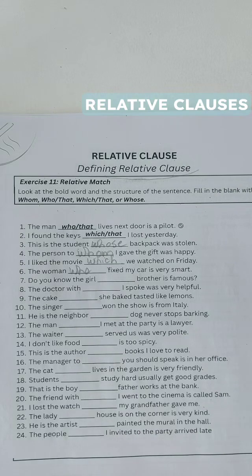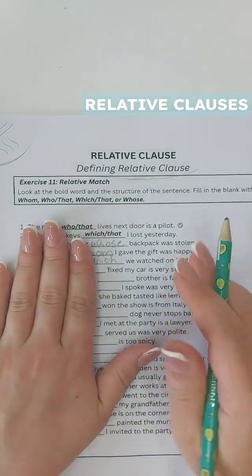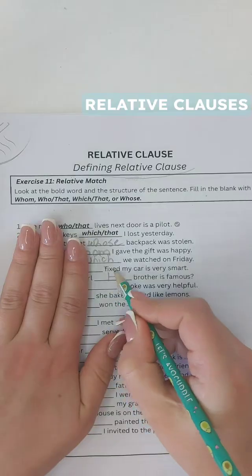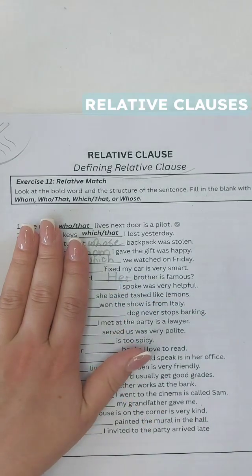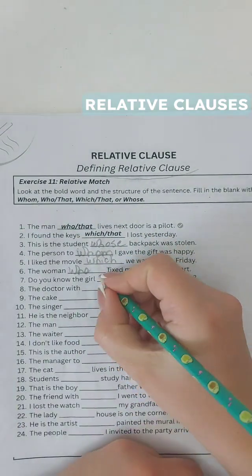Whose, right? Because here, if we write a normal sentence, it will be her brother, right? So we should use whose.